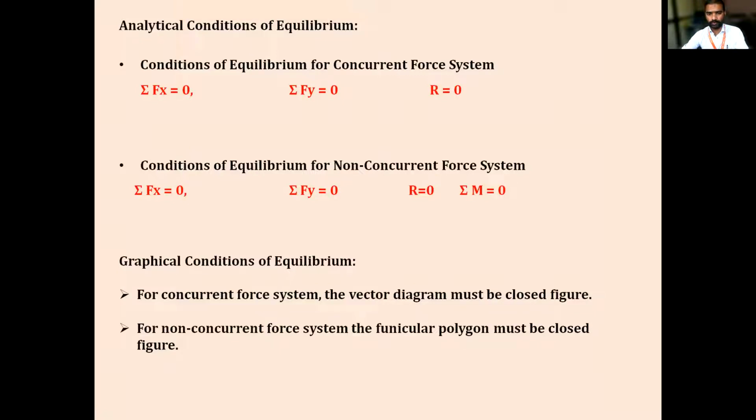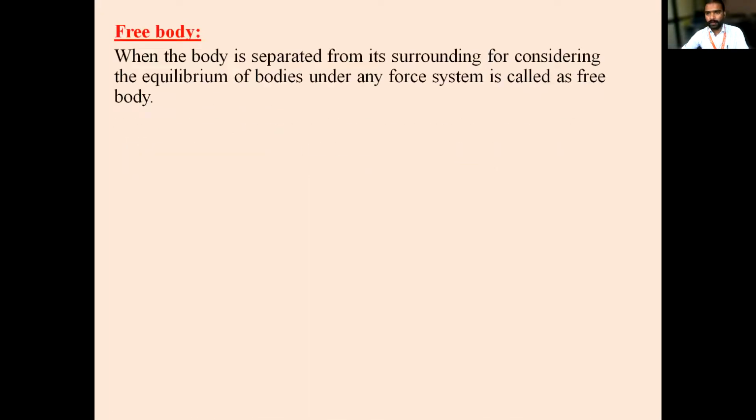Yes, sir. So next point is free body. What is called a free body? First, you know body. What is a body? Object. Okay, only that much. What was the definition that I had given? Open the first page of your notebook.